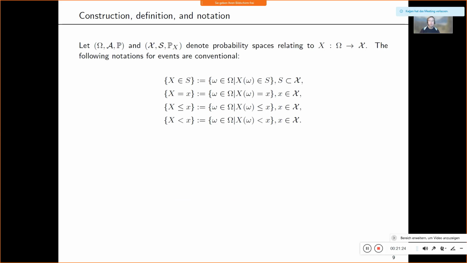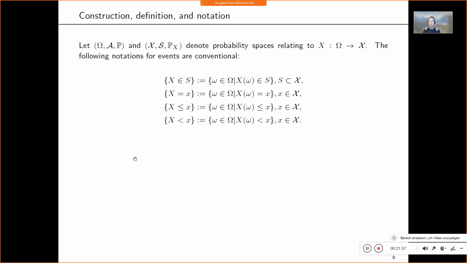Before we see what now happens, and that we can focus on these induced probability spaces, which are created by defining a measurable space and then looking at probability distributions, so probability measures of random variables, which are induced by this measurability property, let's look at some notational conventions.